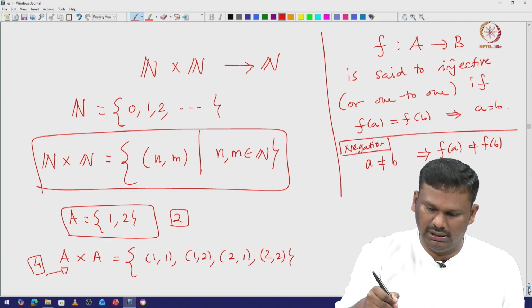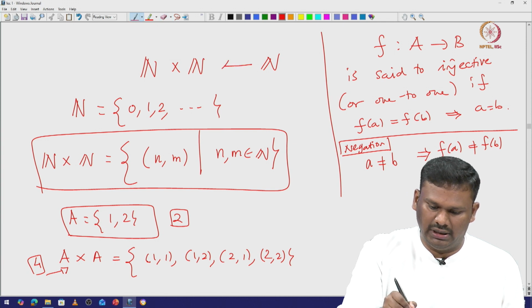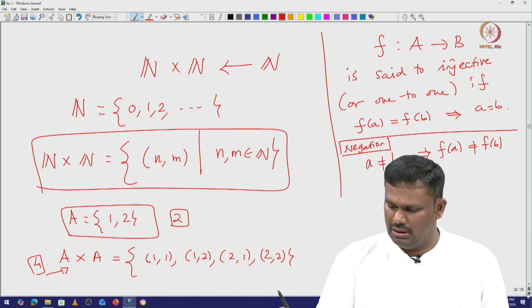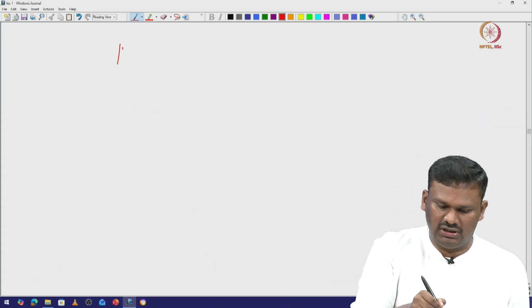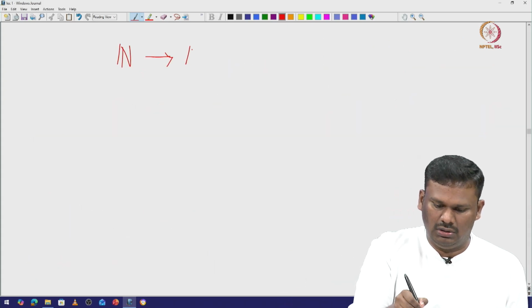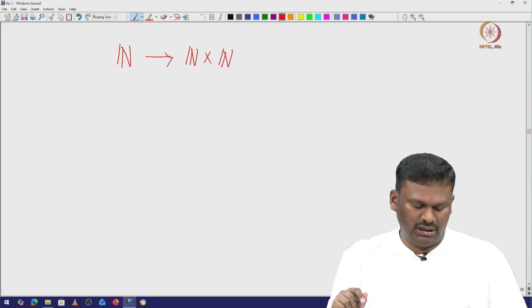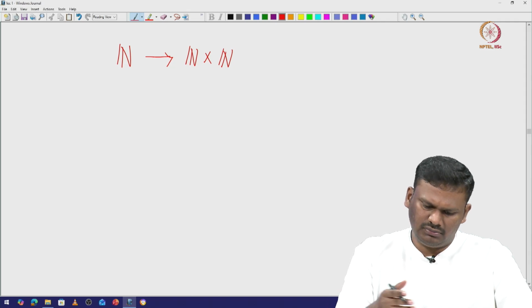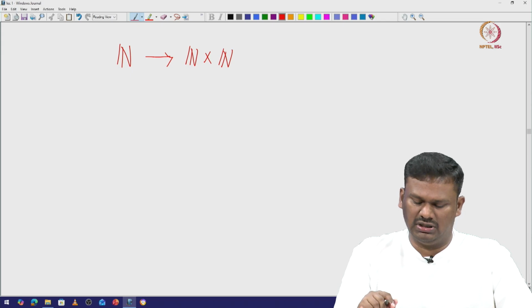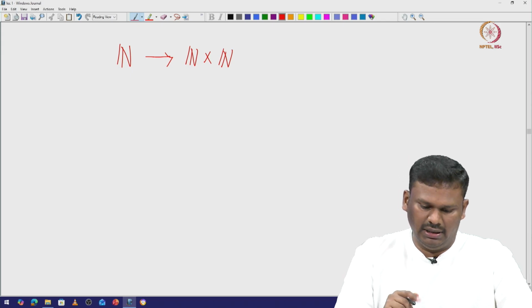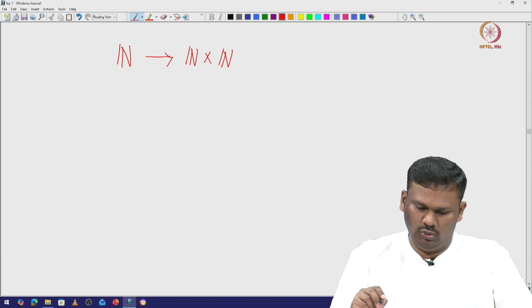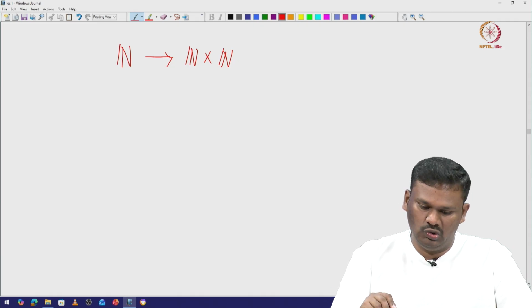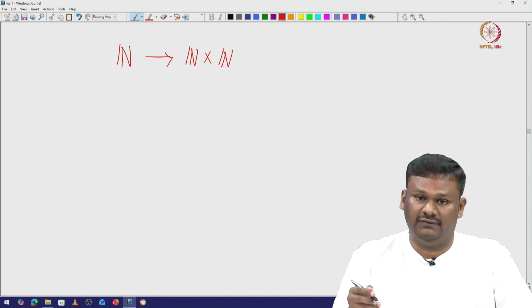Maybe I will turn the tables, and define a function from N to N cross N. If you think about it, the function that I am going to define is actually a bijective function, which will give you an injective function from N cross N to N. Anyway, I will leave it to you to think, but the upshot here is that one can use any kind of rules in order to define a function.